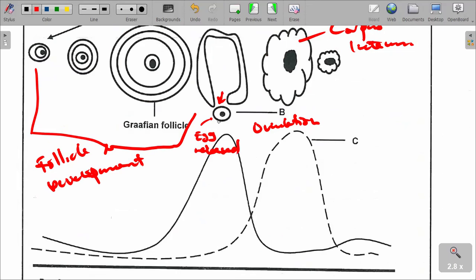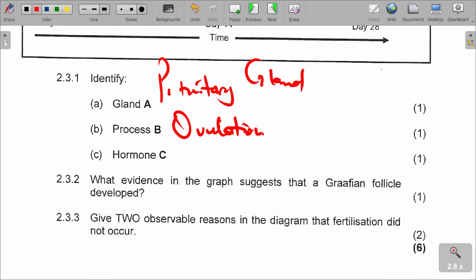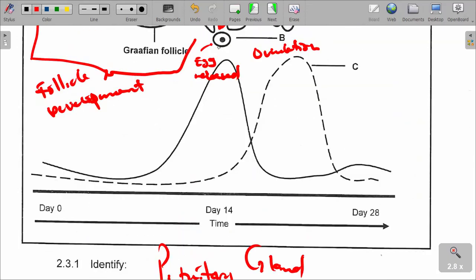Hormone C. We are seeing that it has been low. We are seeing the fluctuation or the changes that it is going through.